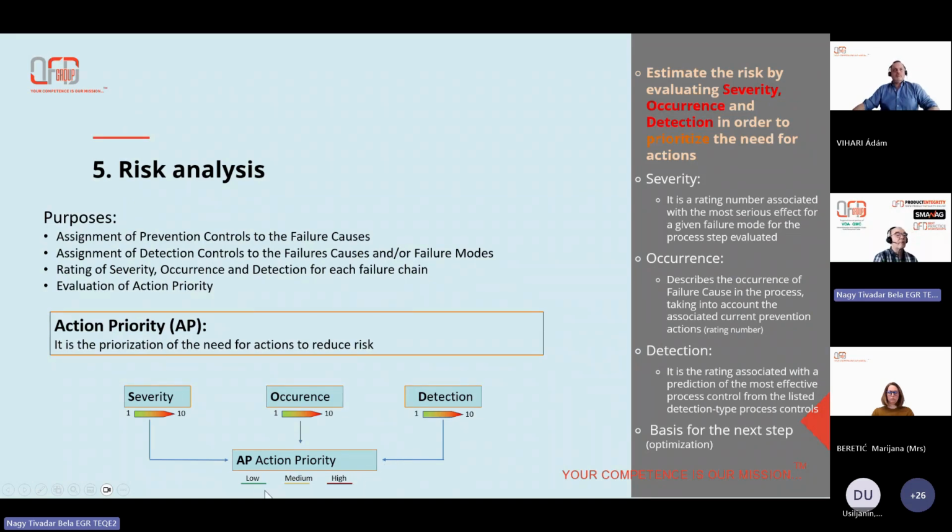Action priority could be low, medium, or high. So as you can see, there isn't RPN, risk priority number. This is the new FMEA handbook. It doesn't use this RPN. We use action priority. Action priority is the prioritization of the need for action to reduce risk.